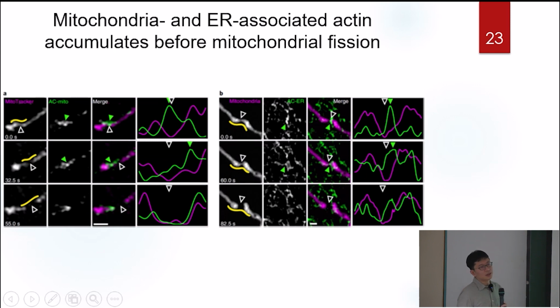Similarly, in the ACER, before the mitochondrial fission, you can already see the ACER signal increase, and after the fission, the signal decreases. So this is all consistent with previous studies that actin comes first and then helps the mitochondrial fission.